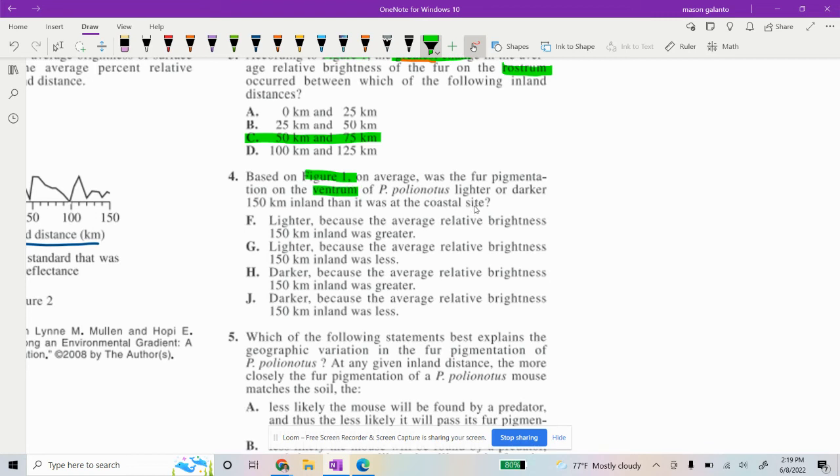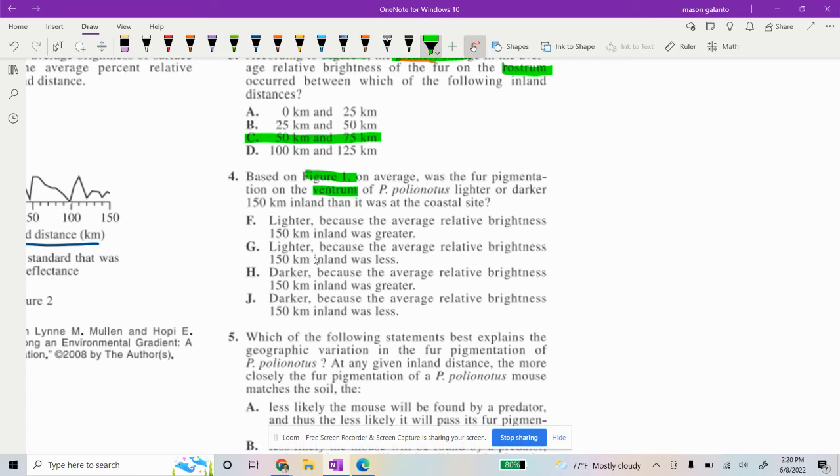It's essentially asking us, was the fur lighter or darker when we were at 150 kilometers inland than it was at the coastal site? Well, again, just thinking through logically here, the coastal site is brighter. The inland distance or inland places are darker. So we're probably going to be darker here.